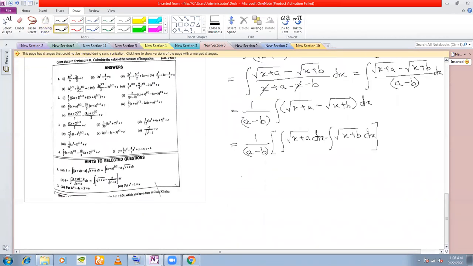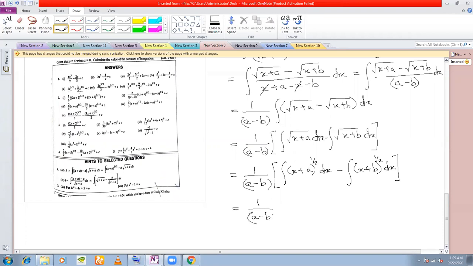So now after this, 1 by a minus b, root x plus a can be written as x plus a to the power of half dx minus, and this can be written as x plus b to the power of half dx. Okay. So 1 by a minus b, and the integral of x plus a to the power of half is x plus a to the power of half plus 1.